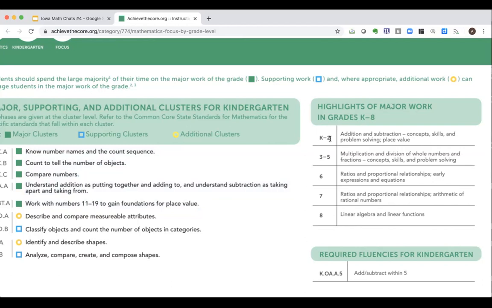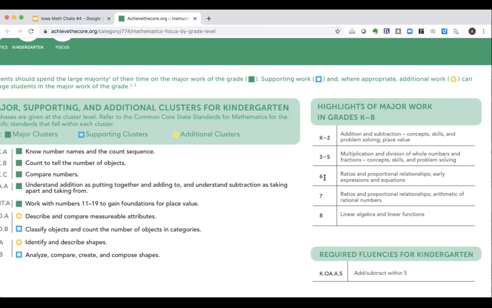So in kindergarten through 2nd grade, we have 3 years, a grade band. So in kindergarten, 1st, and 2nd grade, we have 3 years to make sure that they understand addition and subtraction concepts, skills, and problem solving, and place value. Then we have another 3 years to make sure that they understand multiplication, division, and fractions.